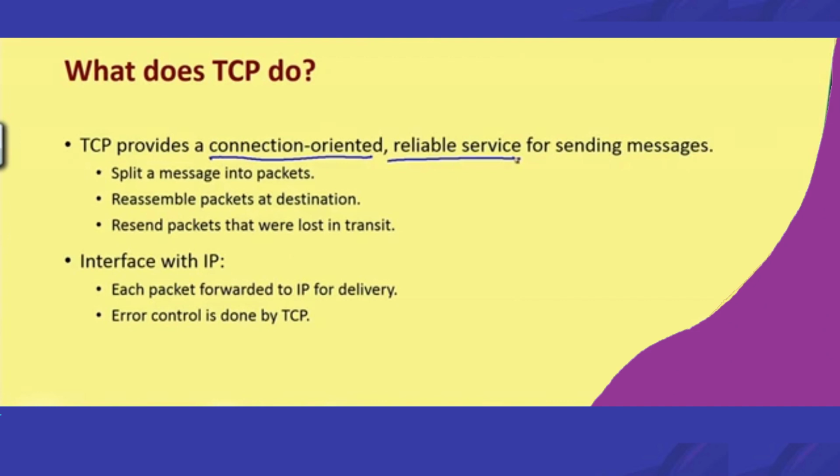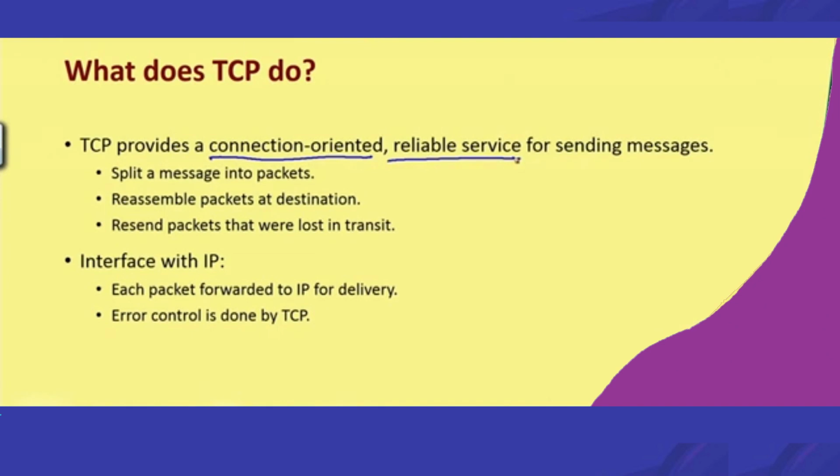Connection oriented in the sense that the application running on the receiving end will have an illusion that, well, as if I have some kind of a connection oriented connection, some kind of a virtual circuit or some kind of circuit switching is going on. Data is coming and the data is being received in the same order. But as I said, IP does not guarantee that.